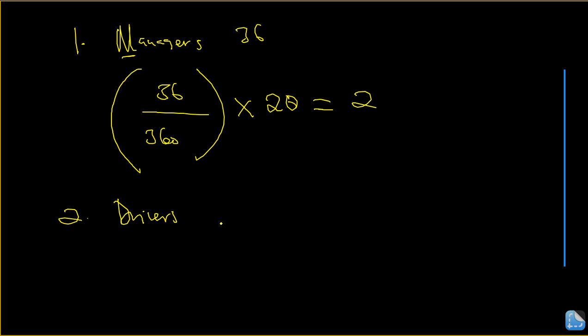We have 54 drivers. So we do the same thing again: 54 divided by the total population times the sample size. What would be the sample size for the drivers? So this will be a 3.